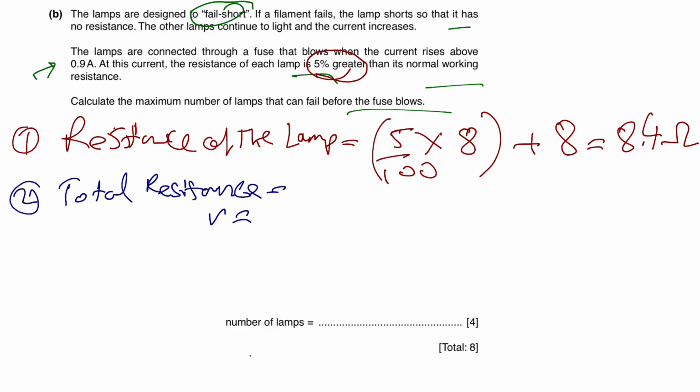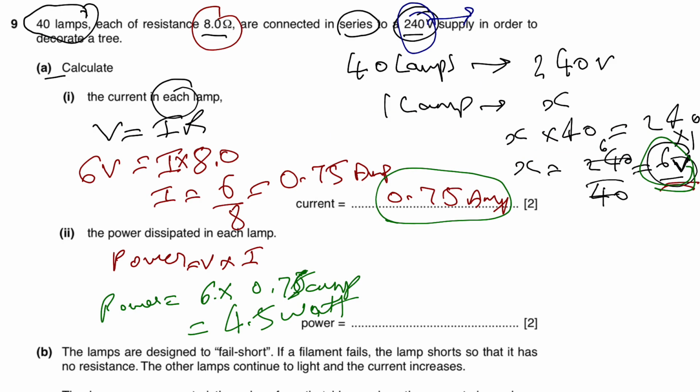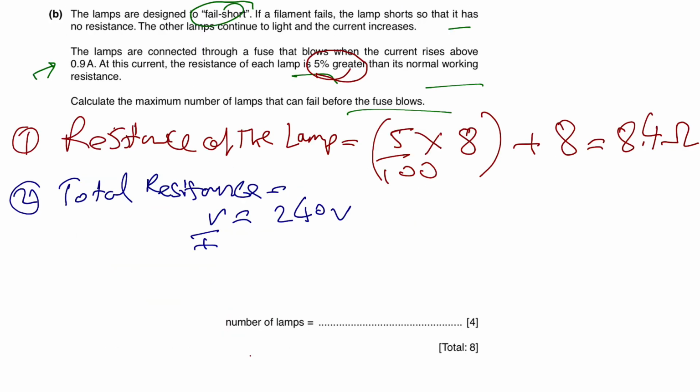For the total current, they have given that the fuse blows when the current rises above 0.9 ampere, so it can withstand this much current.